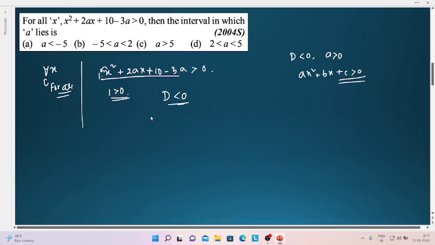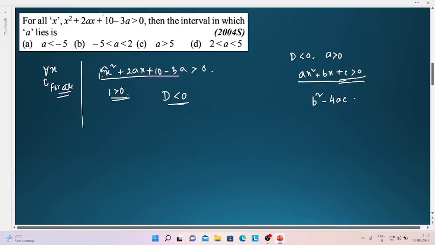Okay, let's solve this question. For a quadratic equation ax square plus bx plus c equals 0, the discriminant is b square minus 4ac, right?